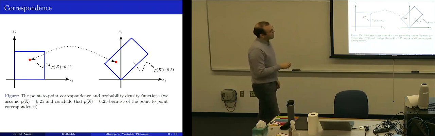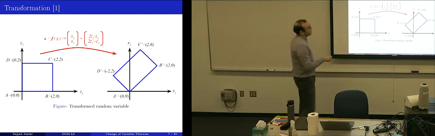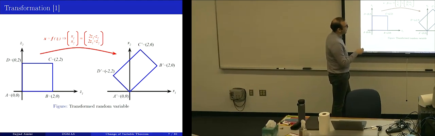I know that the PDF for the base distribution is 1/4 at each point. Why? Because the area of this box is 4, 2 times 2 is 4.